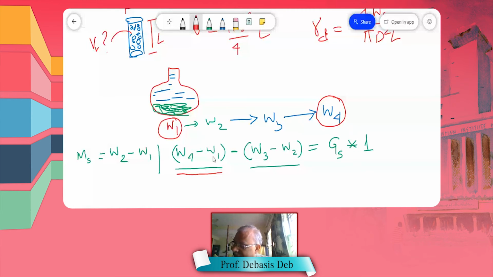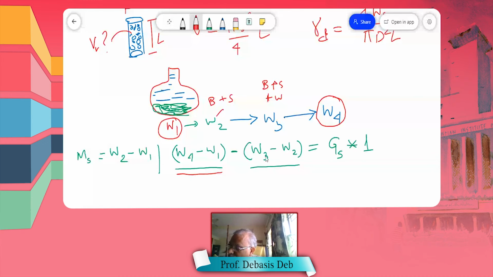Now, when you do W3 minus W2, this is basically bottle plus sample plus water, and this is bottle plus sample.